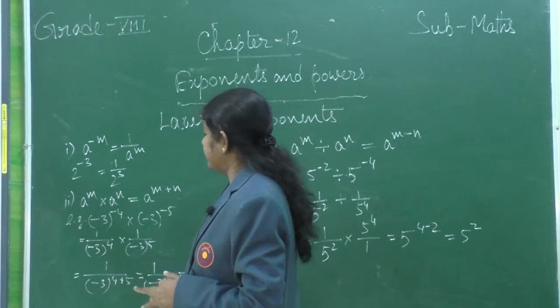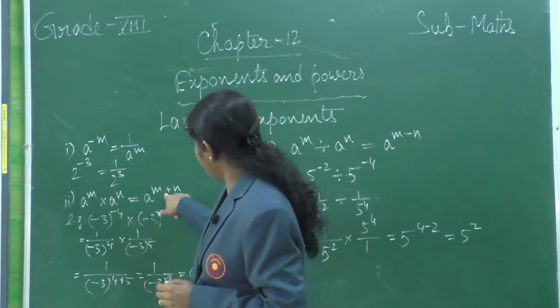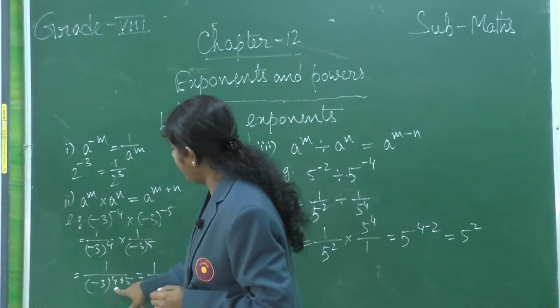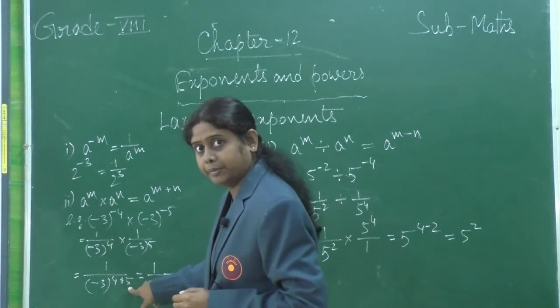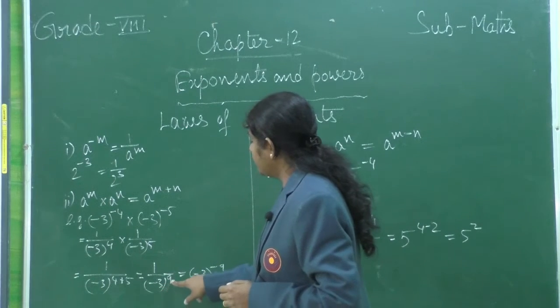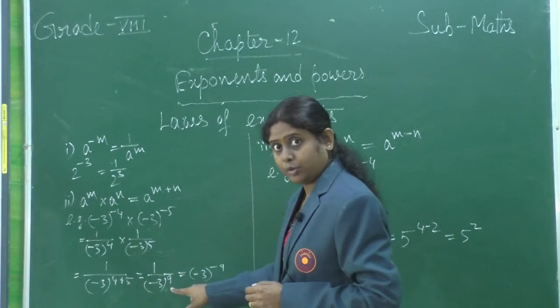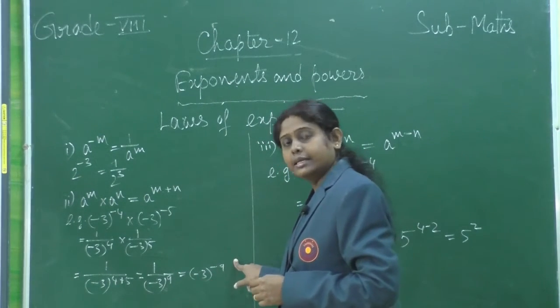When we are multiplying, we know the exponents are going to add. So applying this rule, we get 1 by minus 3 to the power 4 plus 5, which is equal to 1 by minus 3 to the power 9, and if you take the reciprocal of this, it gives you minus 3 to the power minus 9.